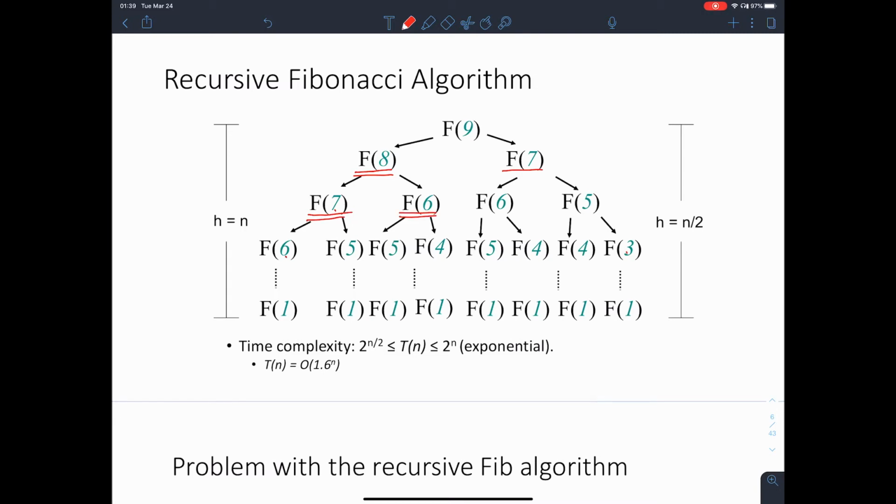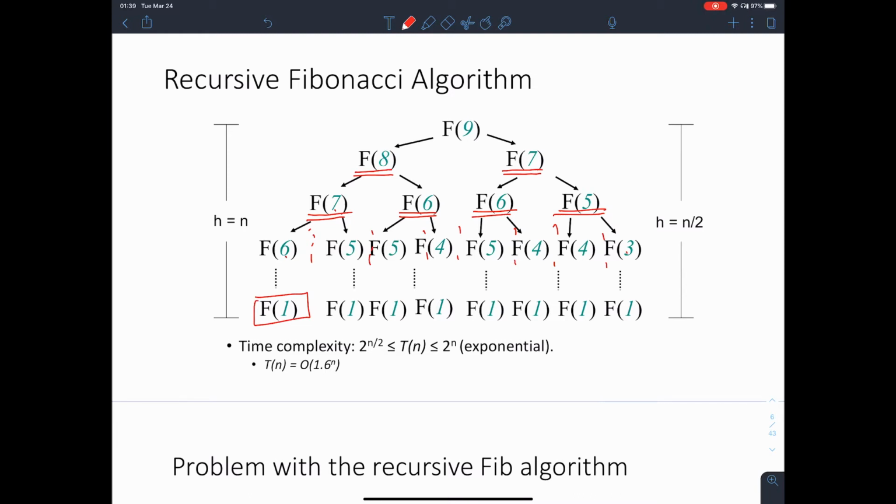Similarly, to calculate the 7th Fibonacci number, we have to calculate the 6th and the 5th, and so on. The tree will go downwards. So when will we stop? We will stop when we reach the base case.